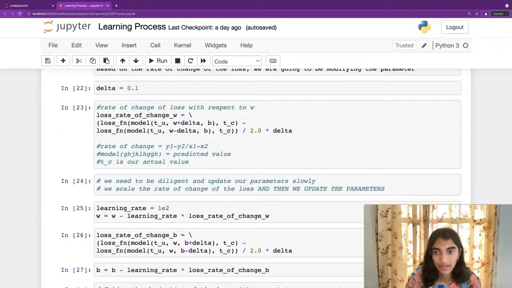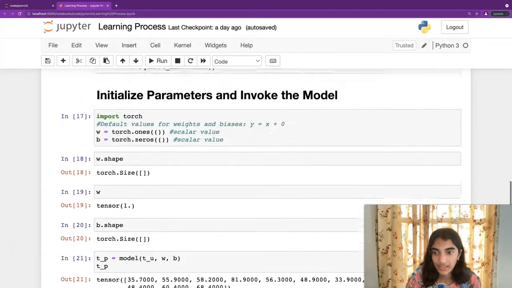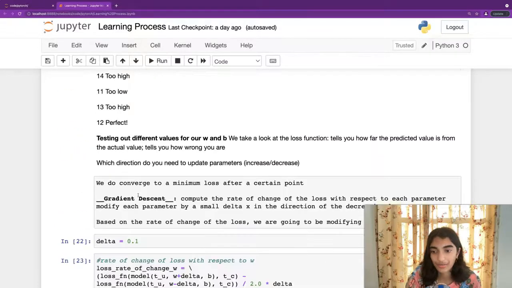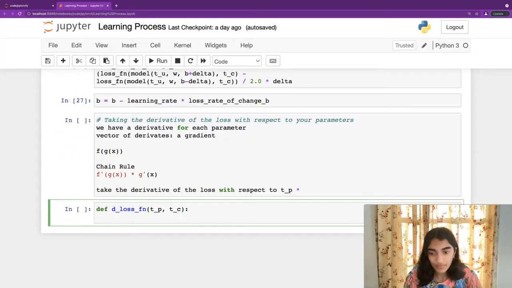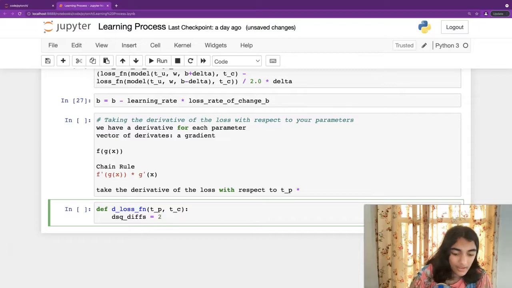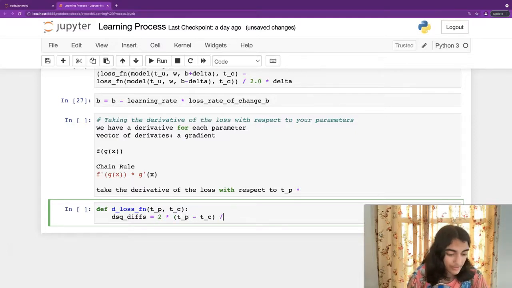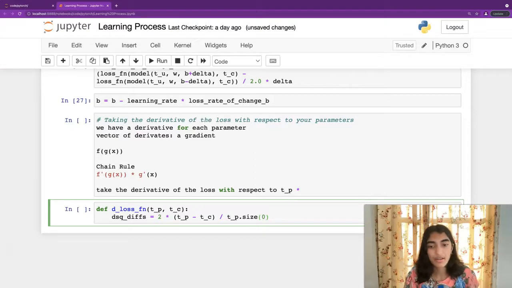So I kind of take that back when I said we don't need TC. We do, because you have to take the difference. So we have D, the difference, and then square diffs. That's going to be 2 times (TP minus TC) divided by TP dot size.